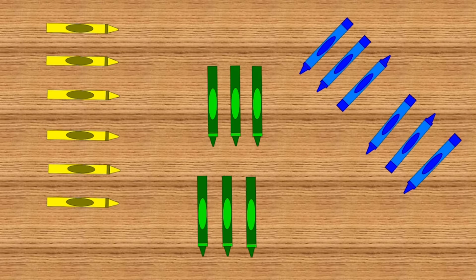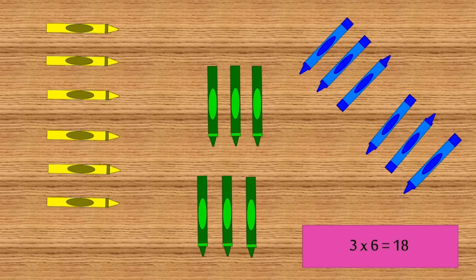To figure out what 6 times 3 is, tell me how many crayons I have in total. Awesome job! If I have 3 groups of 6 crayons, I have a total of 18 crayons. In other words, 3 times 6 equals 18. Now, we know that I have a total of 18 crayons.